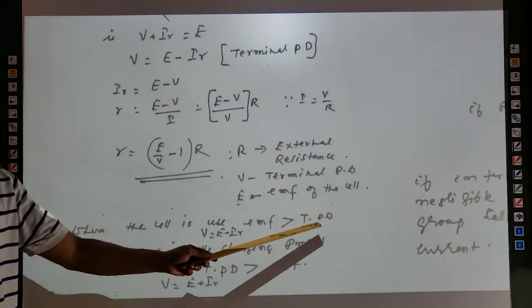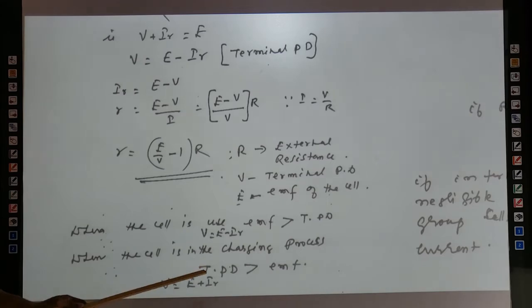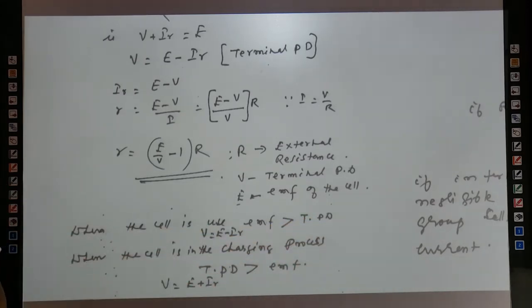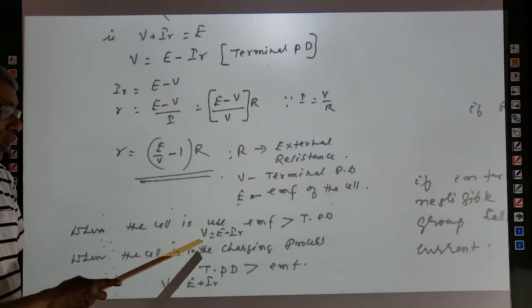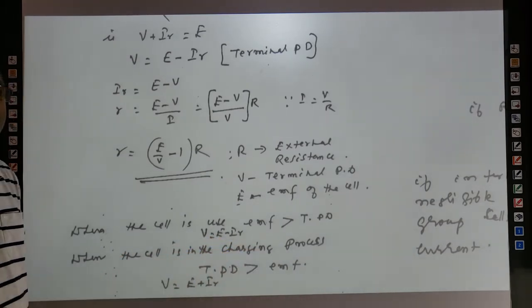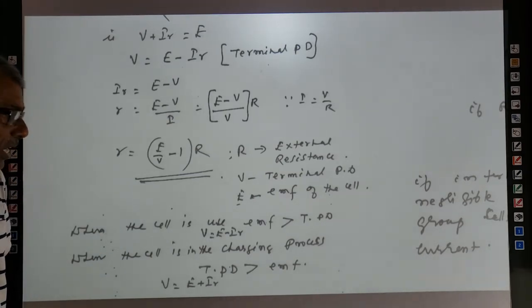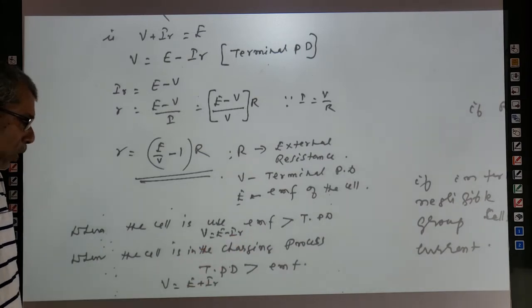That is, V is always less than EMF, because V is equal to E minus something. What is that something? That is the energy used by the cell to overcome the internal resistance, which is equal to I into small r.